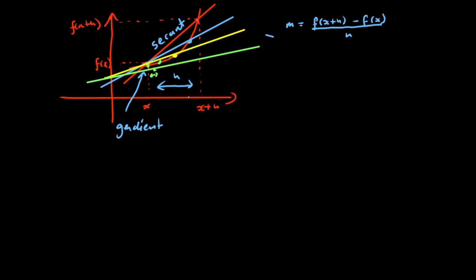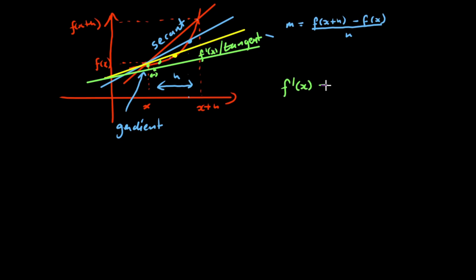So this line is no longer a secant. This line is a tangent. And a tangent is the line that represents the derivative, that represents the gradient.